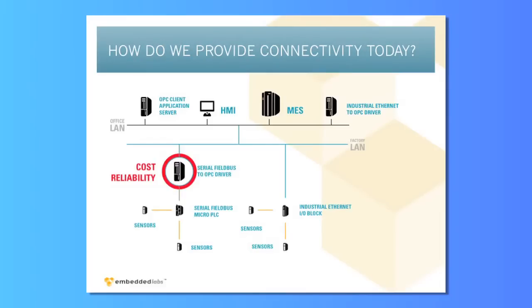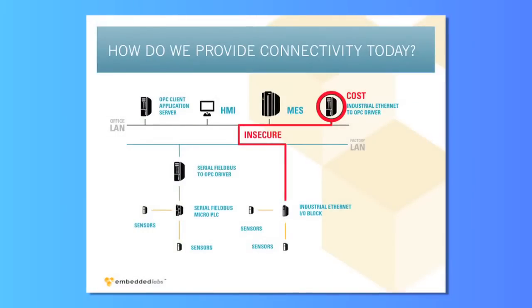And if anyone amongst you has tried to do that, you'll know that it can be quite a painful process. Also, the middleware that maps the serial field bus data to OPC Classic can at times, depending on what the field bus is, be quite labor intensive and complex to configure. So you have capital cost, you have configuration costs, and you have ongoing running costs.